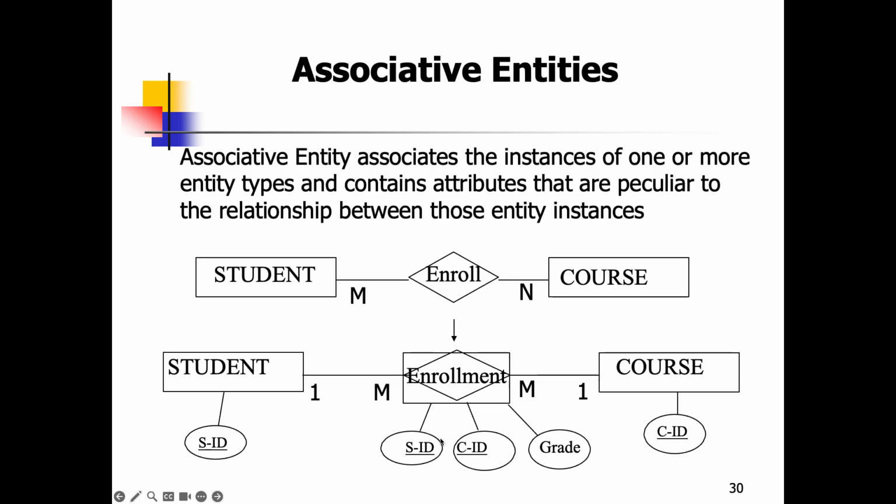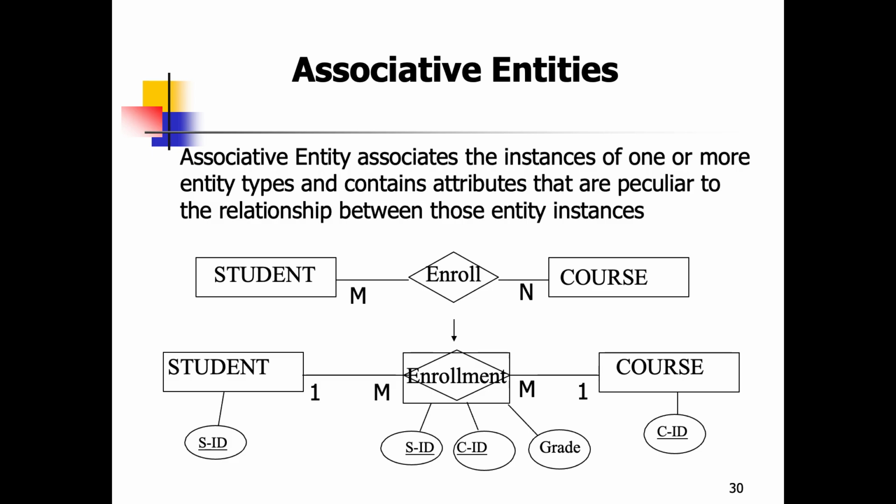So you have a student ID. The primary keys of these two entities will become attributes of this associative entity. So always in your ER diagram, I'm going to repeat, when you have a many-to-many relationship, break it into one-to-many, using an associative or composite entity in between.